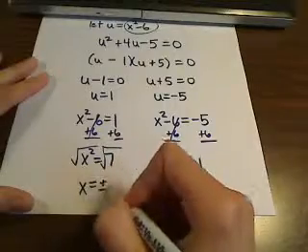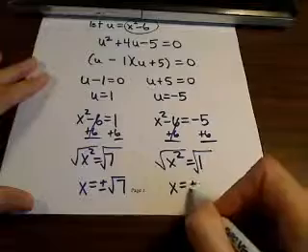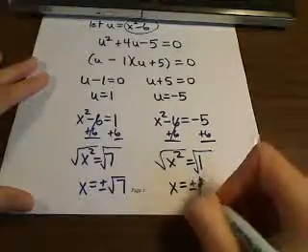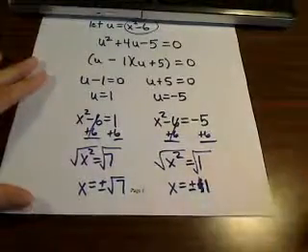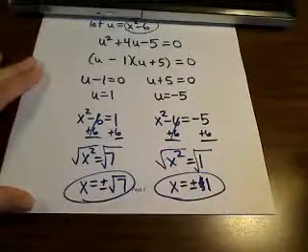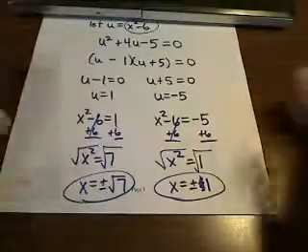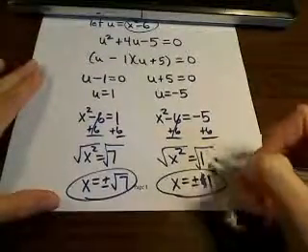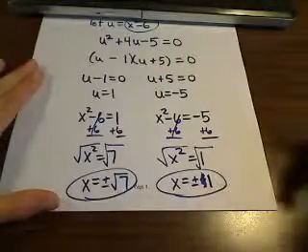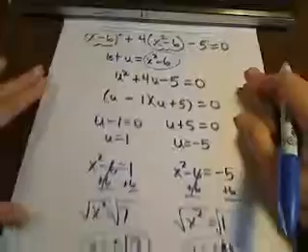This is going to be plus or minus the square root of 7, and then this is going to be plus or minus 1. The square root of 1 is just 1. Okay, so you actually have 4 answers there. Plus or minus square root of 7 and plus or minus 1. The square root of 1 simplifies to be 1.